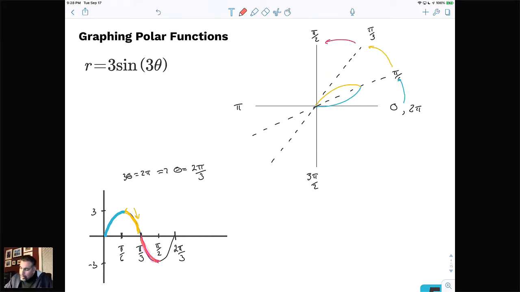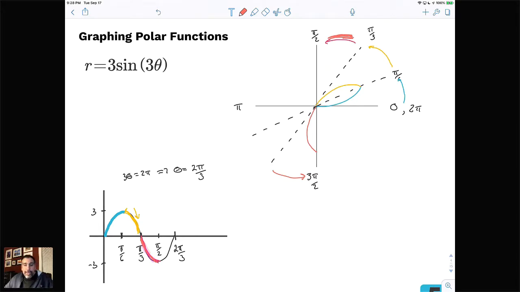Now, your students are going to want to put this in this quadrant right here because they're seeing that as pi over 3 to pi over 2. But because all of our answers are negative, they're actually going to show up on this side. So what's going to happen is instead of looping in this quadrant in some way, I'm actually going to go from 0 to 3 down in that opposite space because I'm in that negative version.